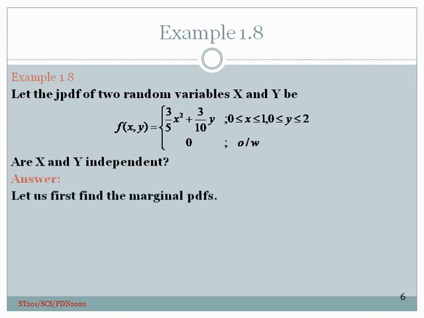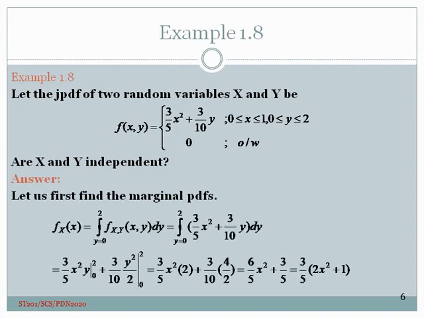Again, let's find the marginal PDFs. The marginal PDF of x can be found by integrating the joint PDF over y, that is y from 0 to 2. After you perform the integration, you will end up with 3 over 5 times 2x squared plus 1.